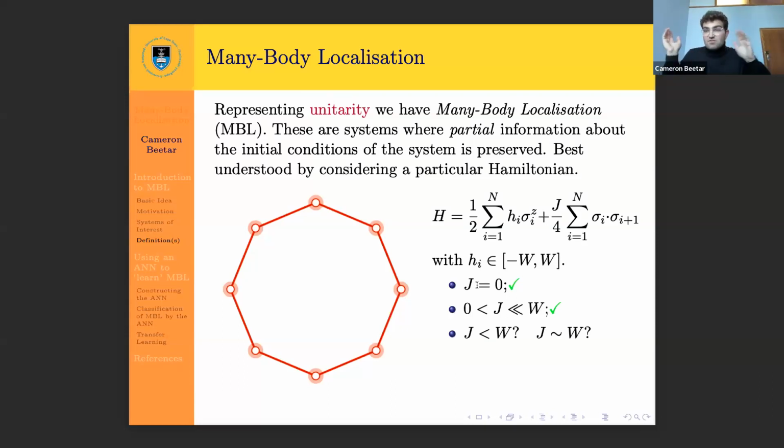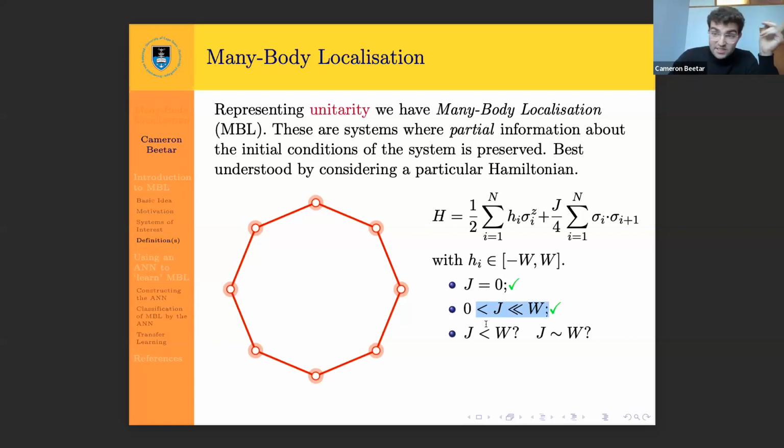In that case, we just have basically a purely quantum mechanical system, and we have pure unitary evolution. We can recover all the initial conditions from whatever final state we end up at. So then we take J and we don't let it be zero. We make it a little bit non-zero, but still much smaller than the disorder parameter. What do we see there? Well, in that case, you can still solve exactly for the many-body eigenstates using perturbation theory. So in this case, we still have unitarity winning the battle.